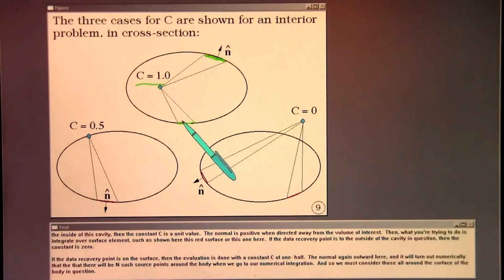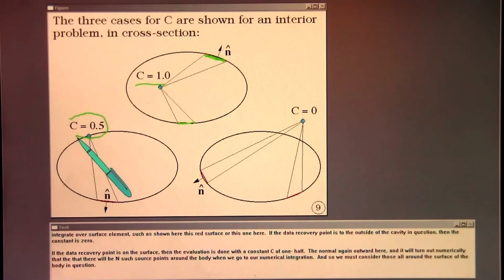If the data recovery point is to the outside of the cavity in question, then the constant is 0. If the data recovery point is on the surface, then the evaluation is done with a constant C of 1/2.